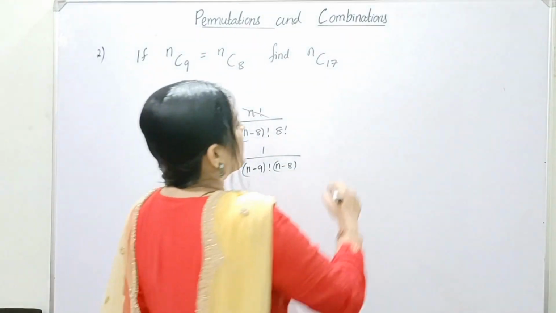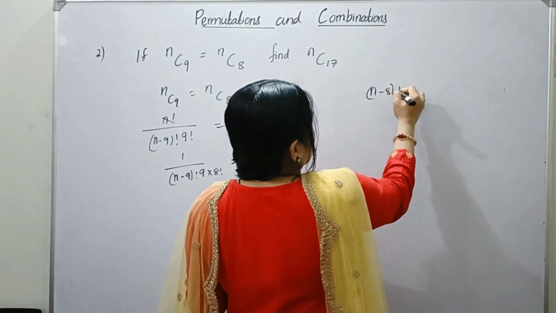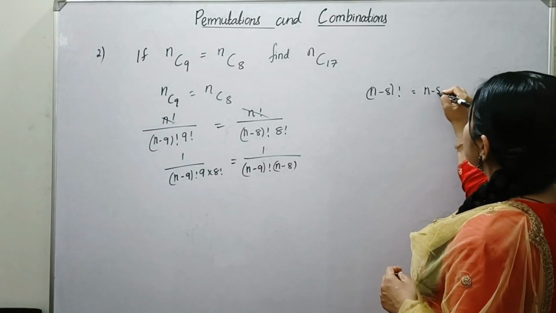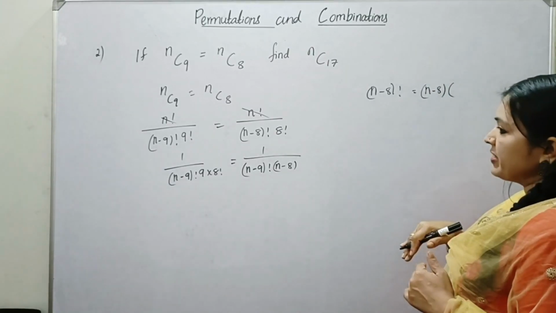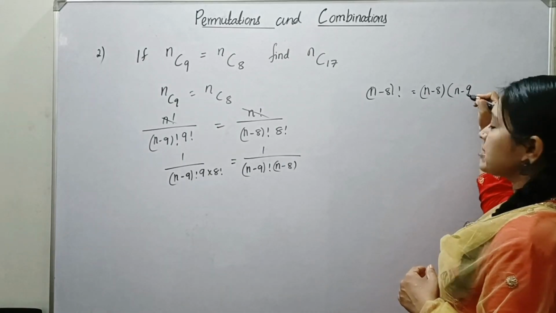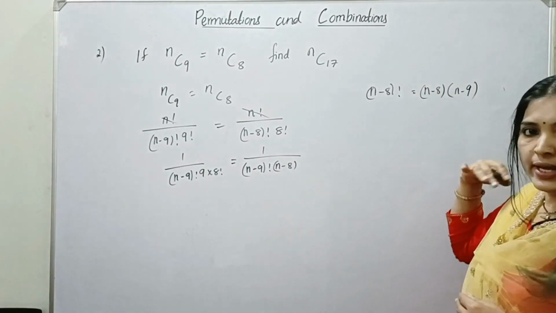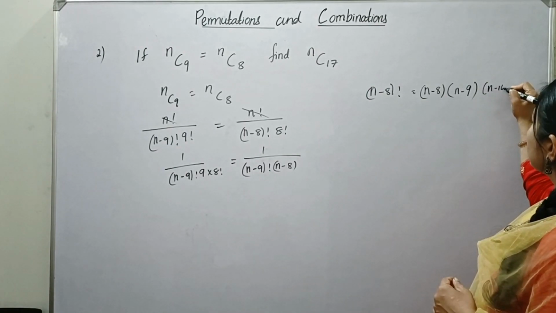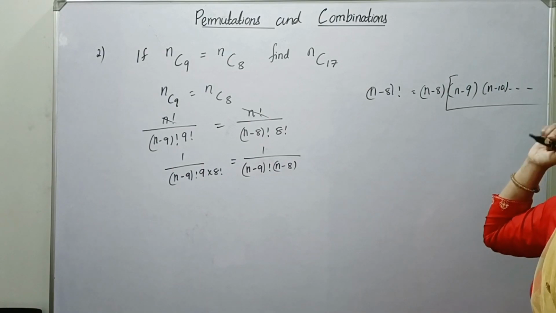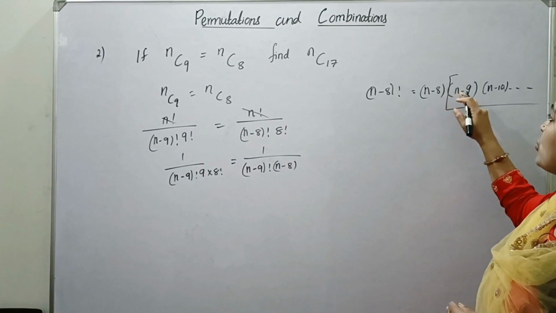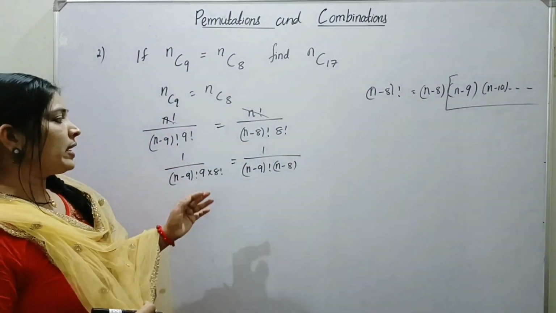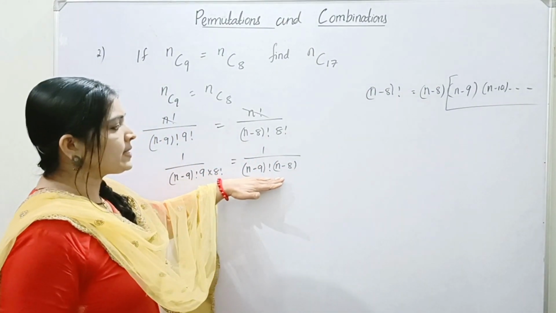See how? n minus 8 factorial is nothing but n minus 8 into, what is the previous term? n minus 8 minus 1, that is n minus 9. Next, n minus 9 minus 1, that is n minus 10, etc. So till here we will write it in factorial, that is n minus 8 into n minus 9 factorial.